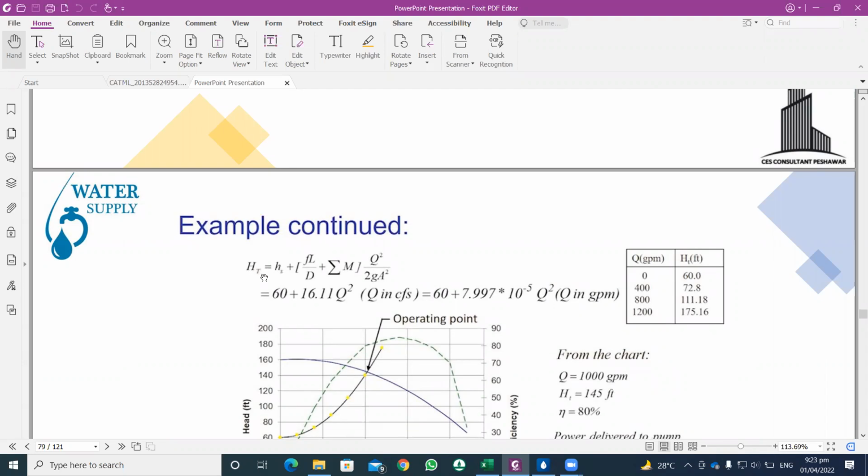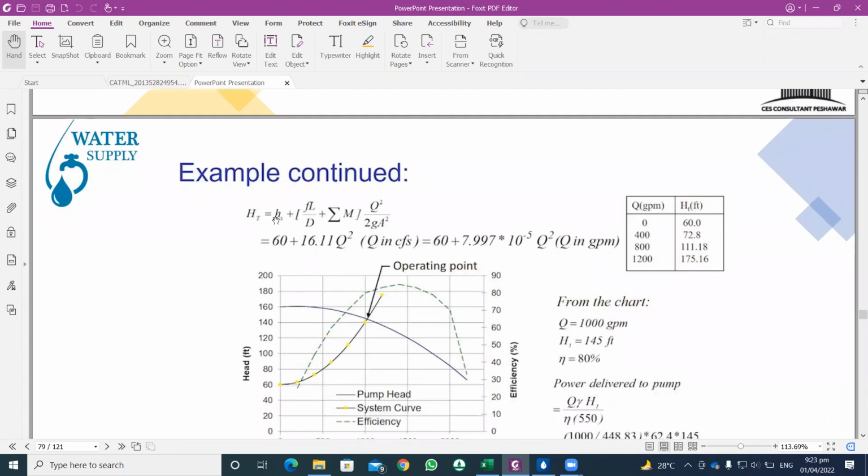The system head curve will be found by summing the static lift plus the head losses occurring through the pipe, the frictional losses, and similarly the minor losses occurring through the pipe.